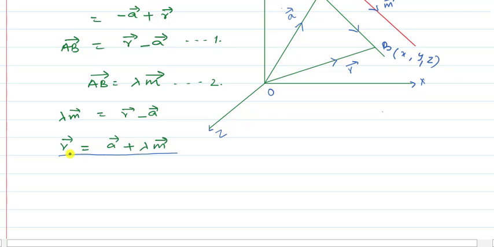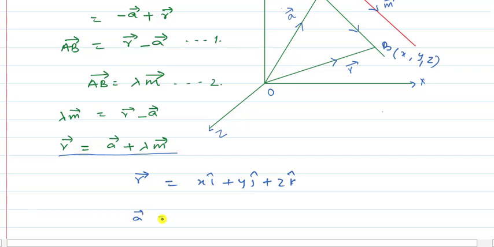Let us write this equation in Cartesian form also. As I told you, let R be the position vector of point B having its coordinates as x, y, z. So we can write vector R in component form as x i cap plus y j cap plus z k cap.